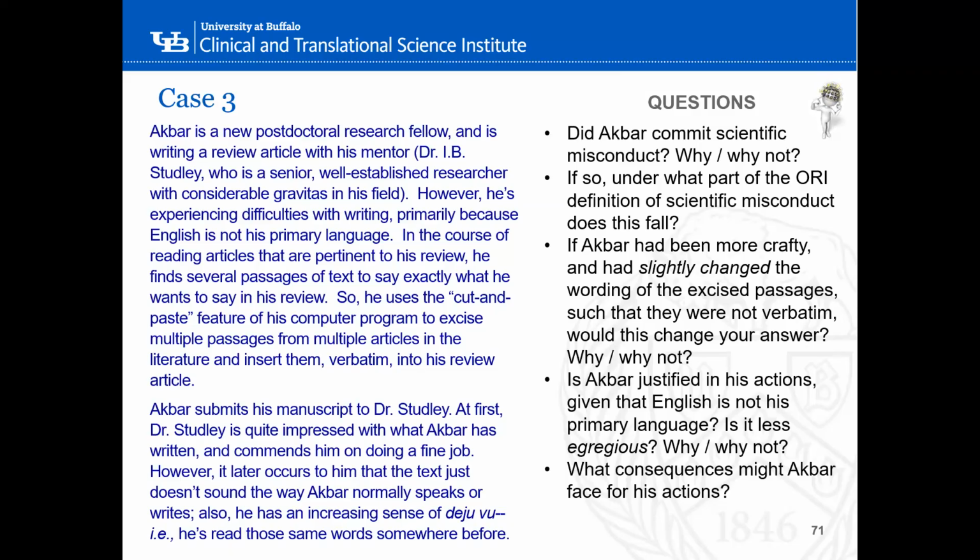Yeah, so again, that would go to knowingly or unknowingly, right? So what is the gravity of the situation? He didn't really purposely engage in self-plagiarism. But if it was detected, it could be pointed out that this would need to be corrected.